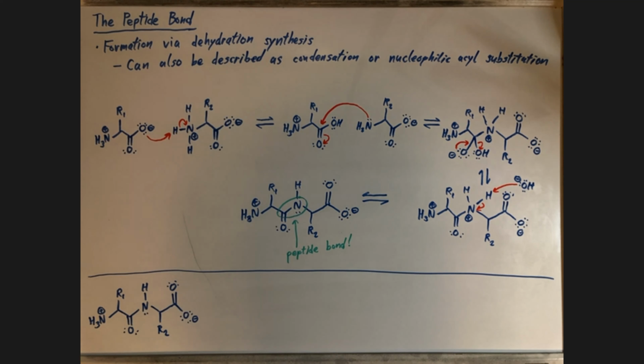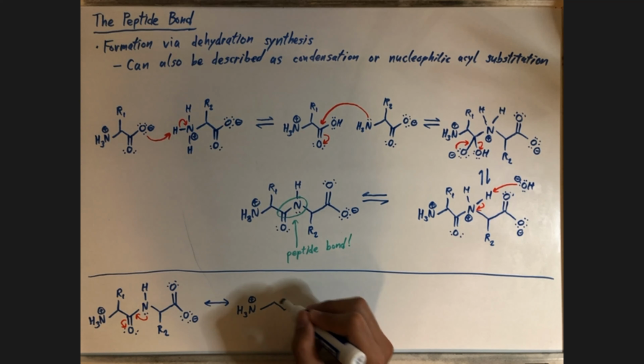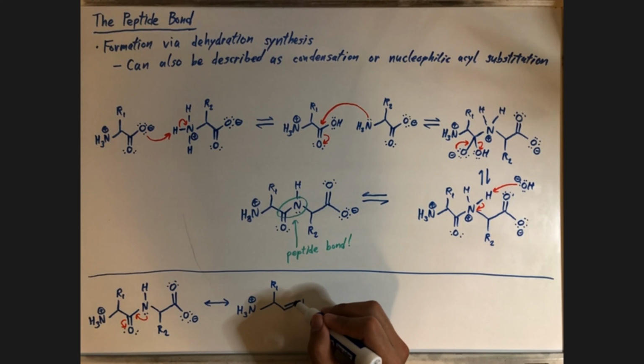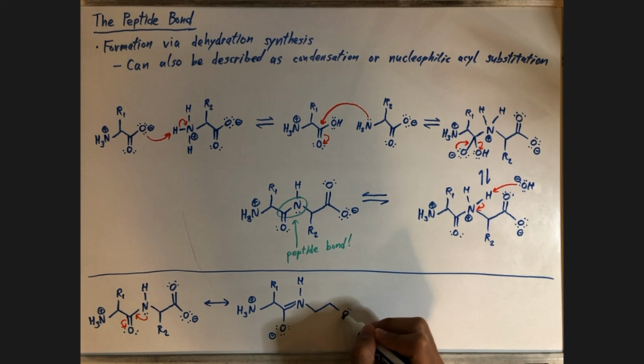So here we have the peptide bond how we usually see it, but the nitrogen can use its lone pairs to form a double bond and force out the electrons from the carbonyl pi bond, and we'll get this structure here that looks pretty structurally similar to an enolate.